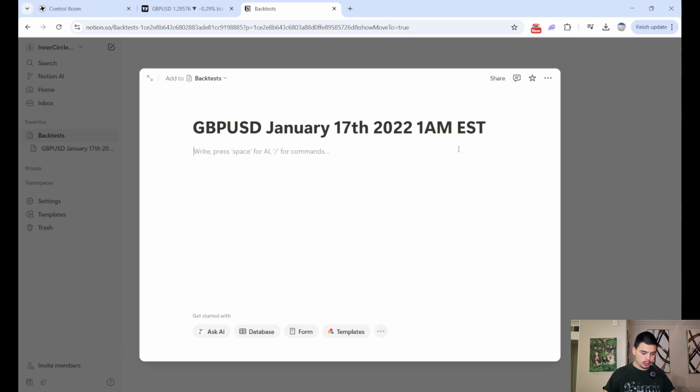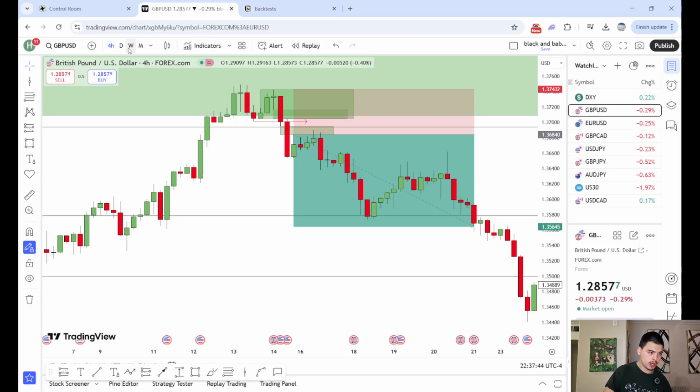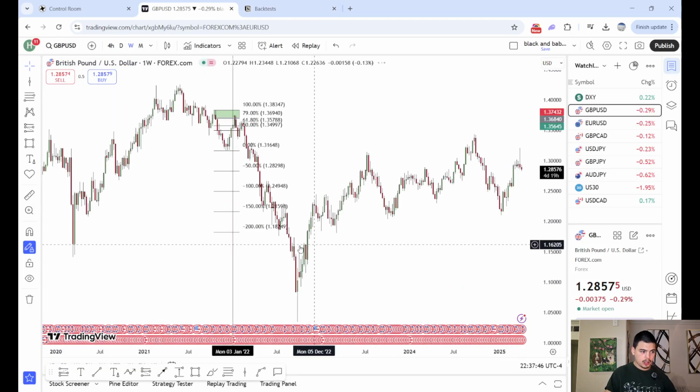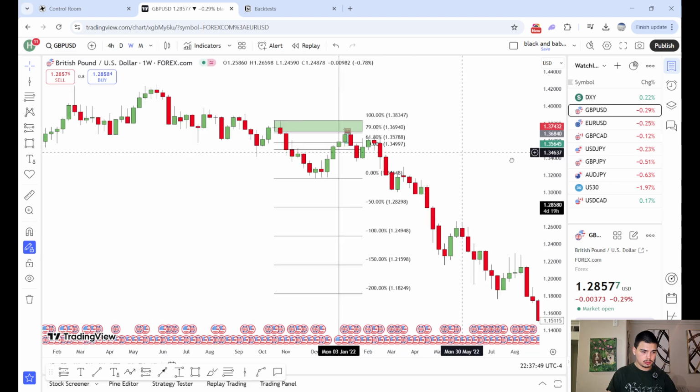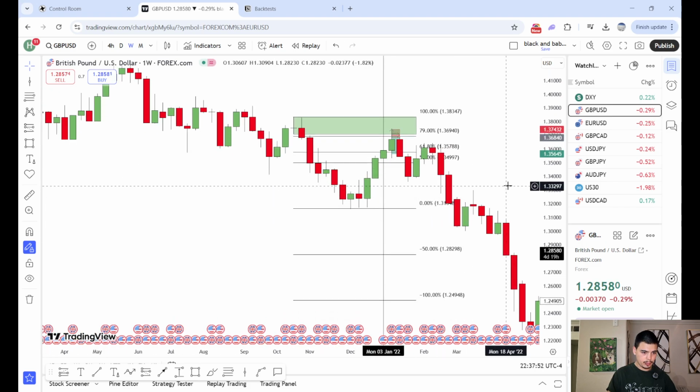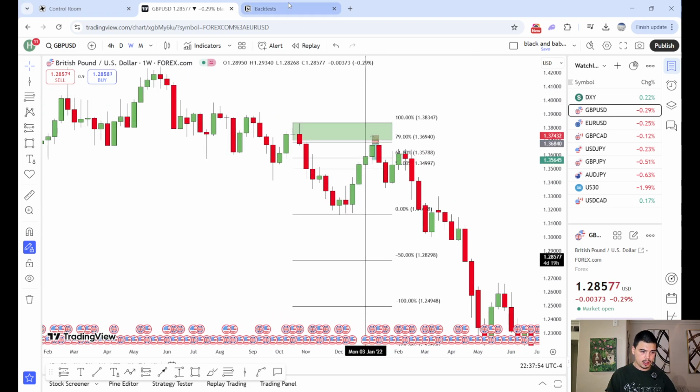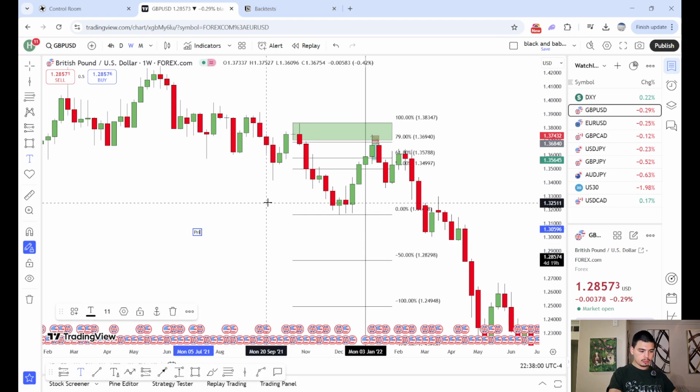And what we're going to do is we're going to write our pre-trade thought process down. And what I was thinking here, so I'm going to go ahead and write that: price on the weekly time frame has retraced into internal range liquidity, tapping into a bearish order block.